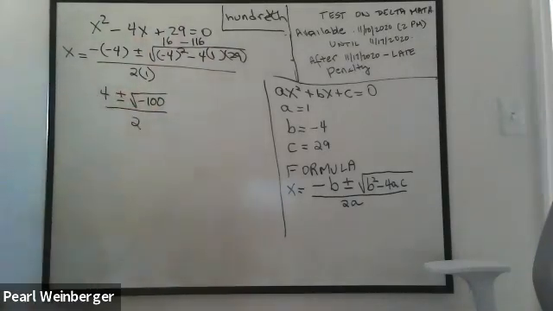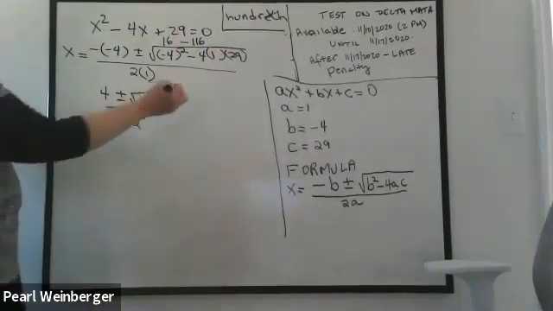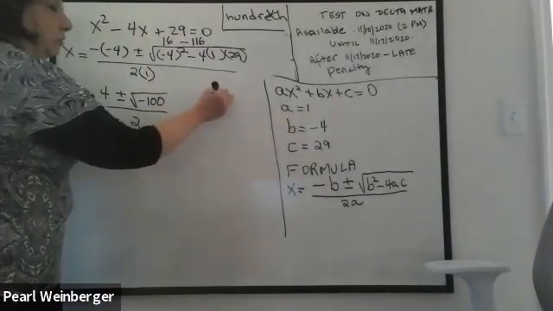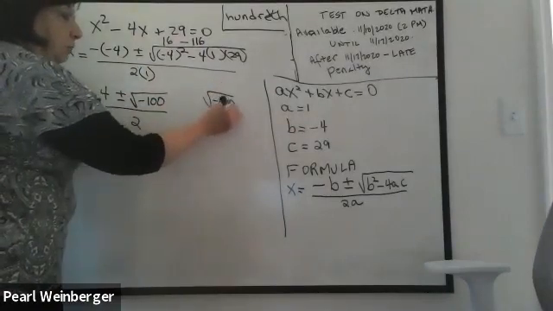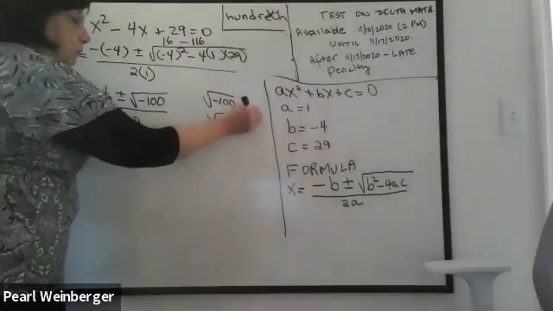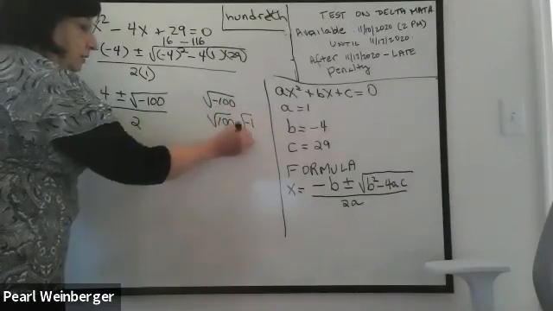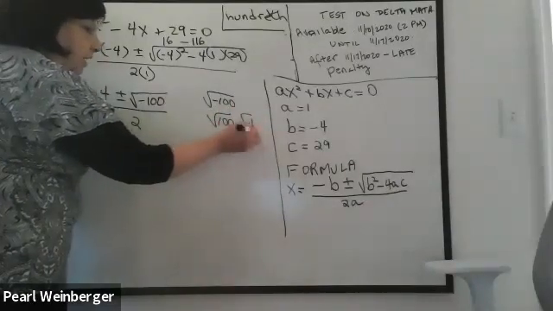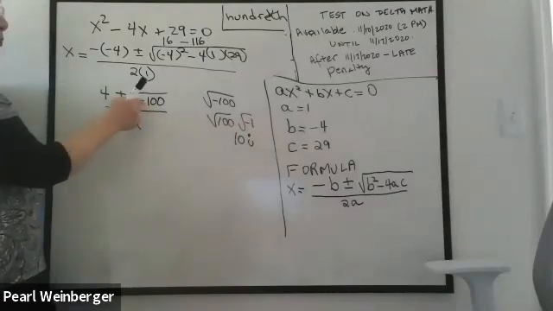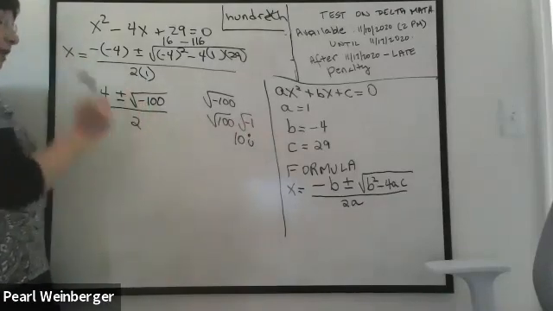You always look at the radical. Can we simplify it? And remember, when you have the square root of -100, that really means the square root of 100 times the square root of -1, which is 10i. Don't forget, this would be an i because the number inside the radical turned out to be negative.